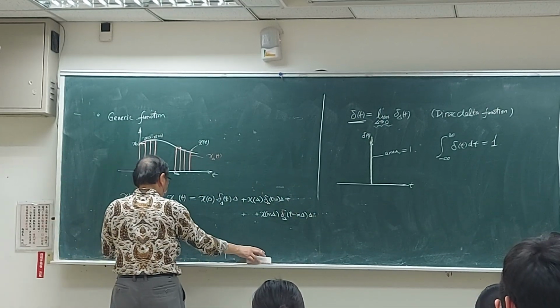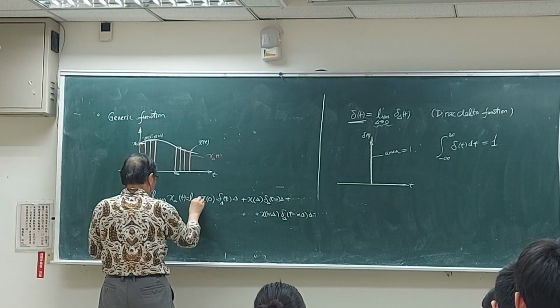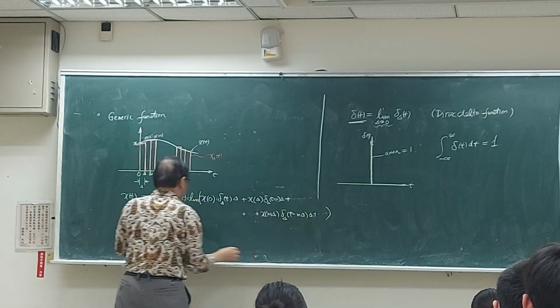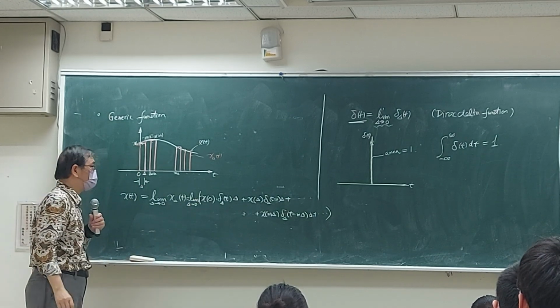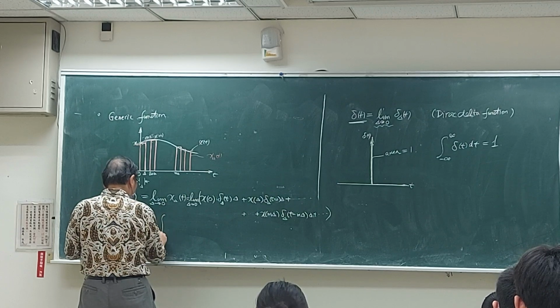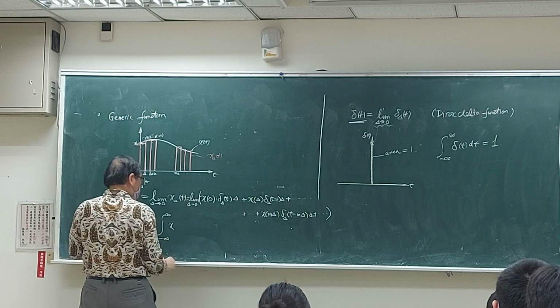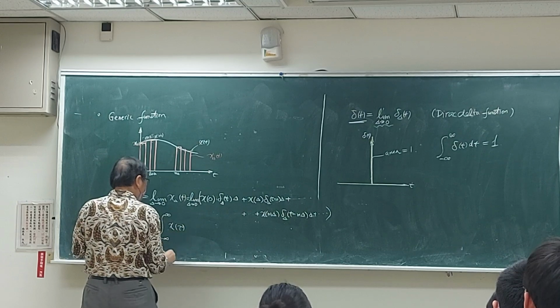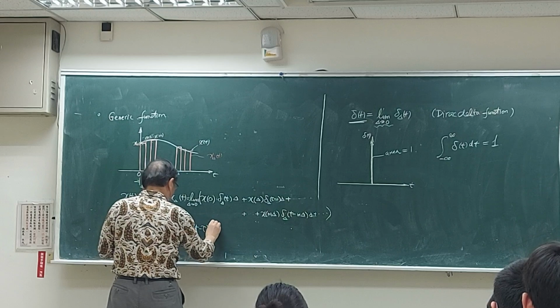Okay, and then I'm going to take the limit. And it turns out that this can be replaced by an integral, x of tau, delta of t minus tau, d tau.